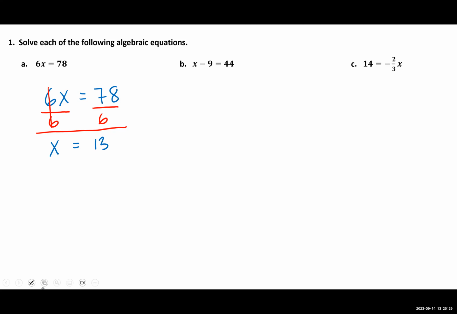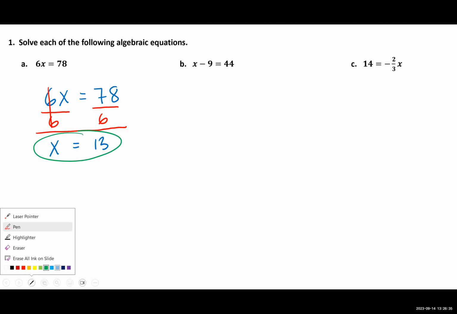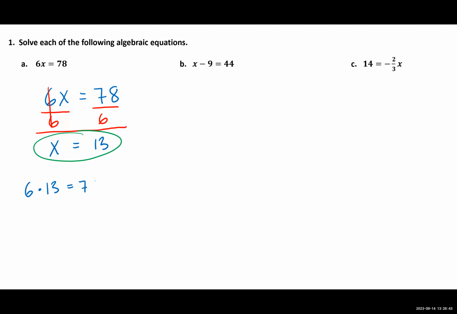And 13 is the solution. Let me circle that in green. 13 is the solution because if we replace the x with the number 13, we get a true statement. 6 times 13 is equal to 78, and that is true. So you could divide both sides by the same number.